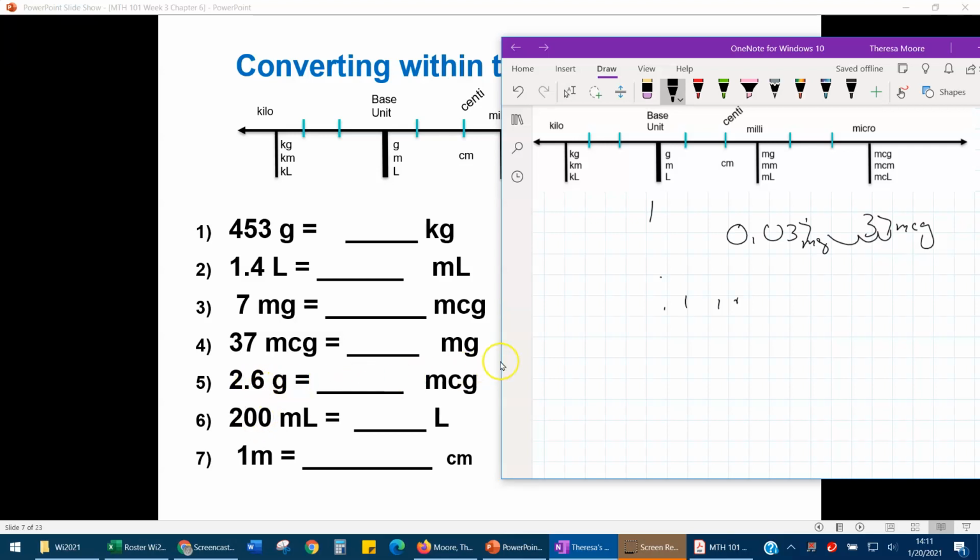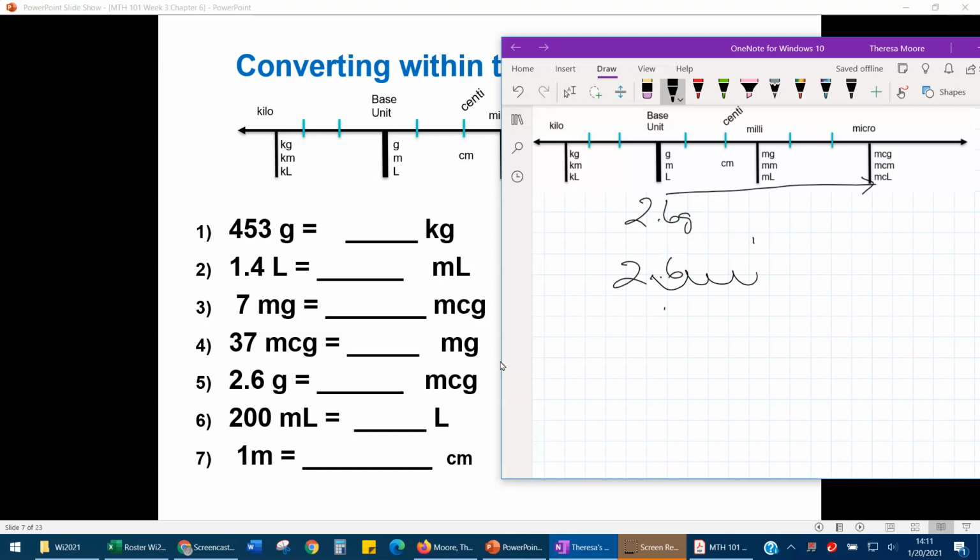Now going from grams to micrograms. Gram is a basic unit right here in the middle. 2.6 grams, and we're going all the way to micrograms. So that is 6 decimal places. 2.6, 1, 2, 3, 4, 5, 6. So we need all these zeros, and your decimal point would be here.